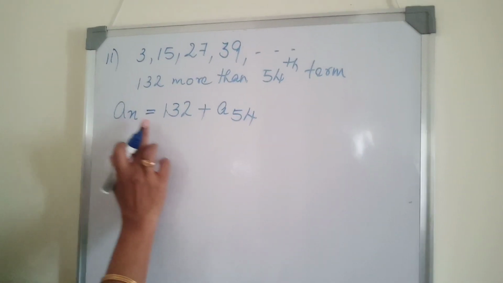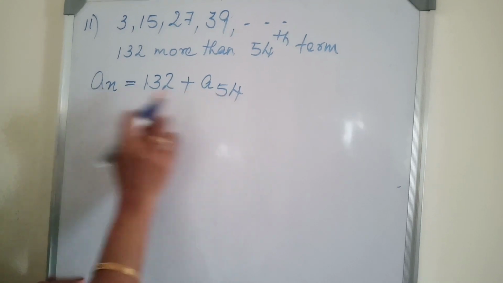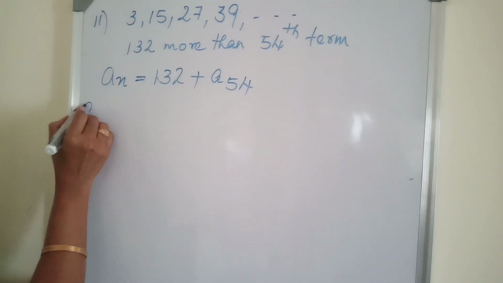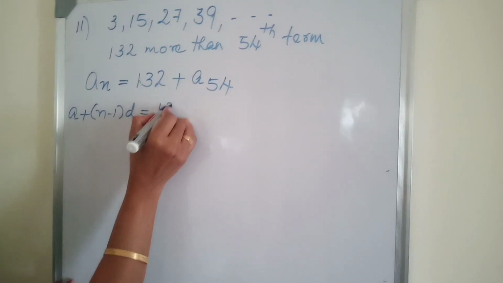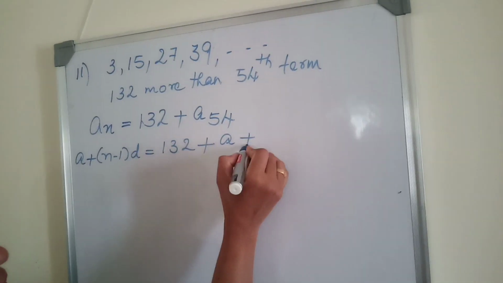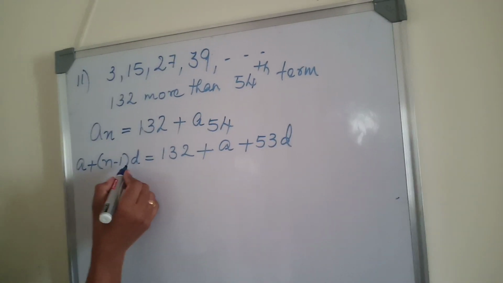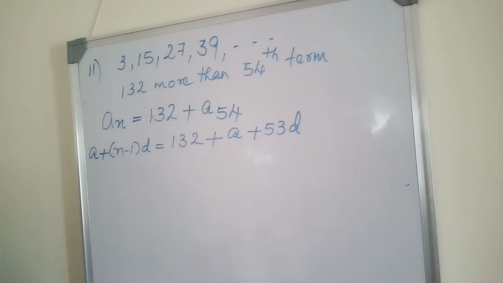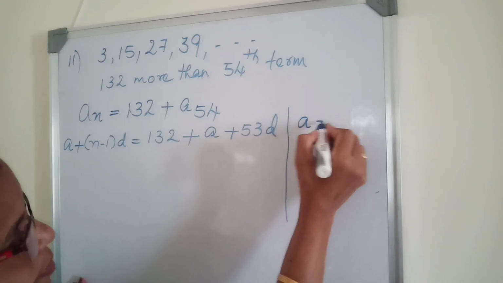Which term of the AP is 132 more than the 54th term? So an we will expand. A plus n minus 1 into D equals 132 plus A54 can be written as A plus 53D. Here A, D, everything we will consider from this AP. So here A equals 3.